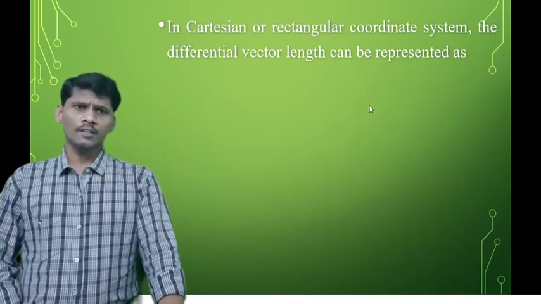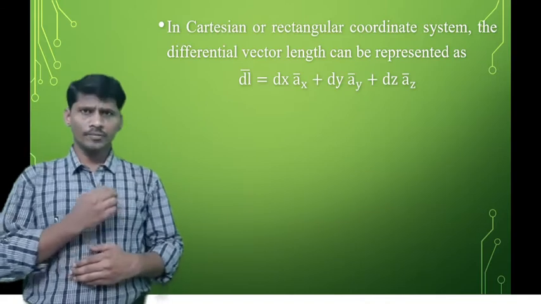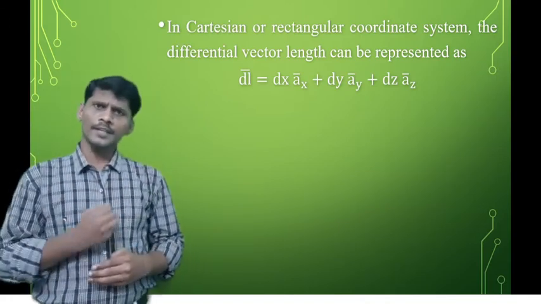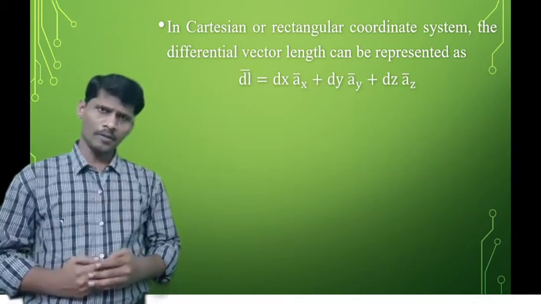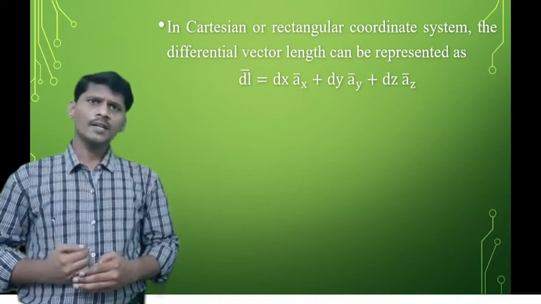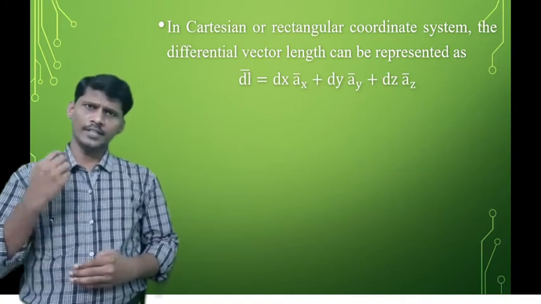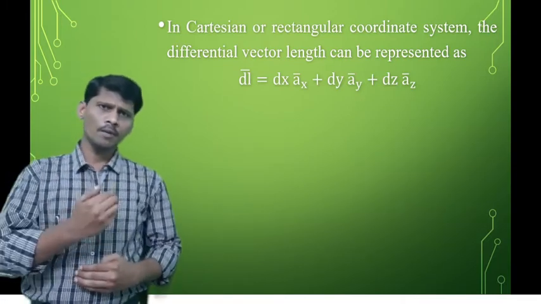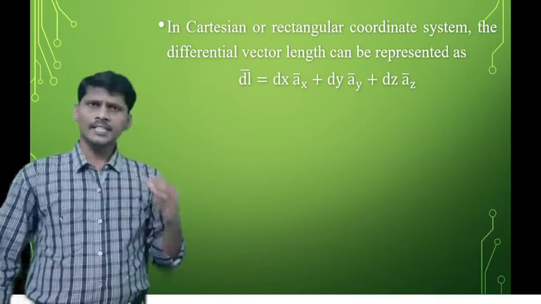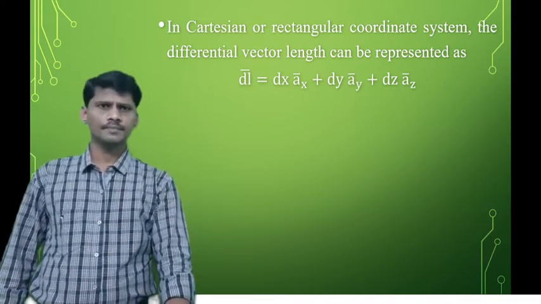Therefore, in Cartesian coordinate system, the differential vector length is defined as dl bar is equal to dx ax bar plus dy ay bar plus dz az bar, where dx, dy and dz are the differential lengths or elementary lengths in x direction, y direction and z direction. ax bar, ay bar and az bar are the unit vectors or base vectors in x direction, y direction and z direction.